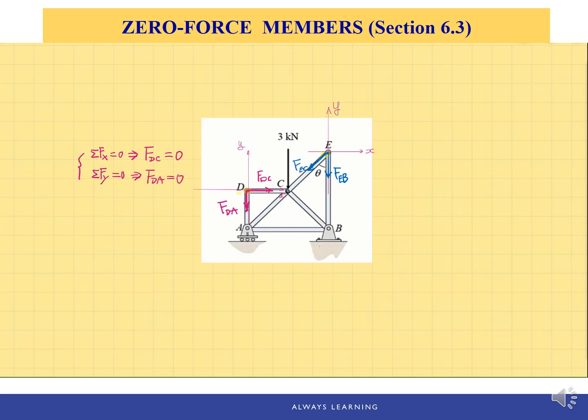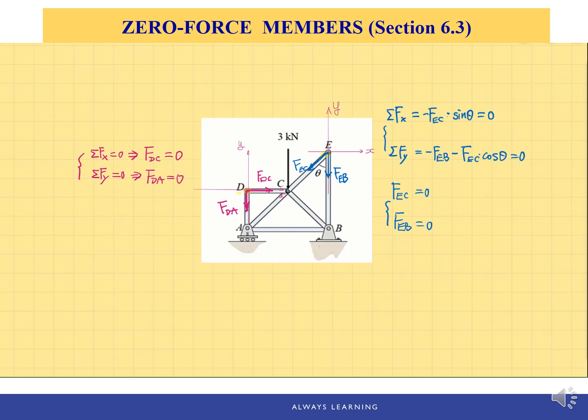Let's write the equilibrium equations. Along the x direction, we have only one component, which is the x component of force FEC. Therefore, FEC has to be 0. And when FEC becomes 0, from the second equation, we can see this force FEB will also be 0.